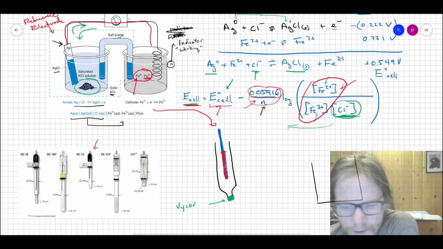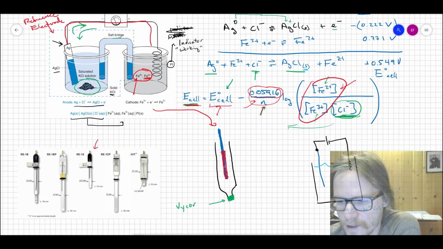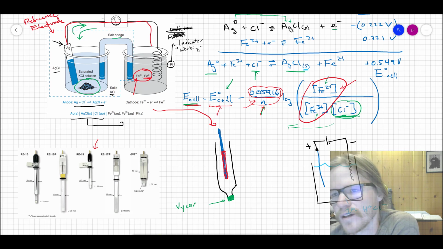You take your original silver wire and you plop it into a beaker, and in that beaker you have anywhere from 0.1 to 1 molar HCl. So you essentially have hydrogen and chloride ions floating around, and you connect this to a power supply, with some counter electrode over here, doesn't matter what it is, some chunk of metal, and you apply a positive voltage to this side and a negative voltage to this side.